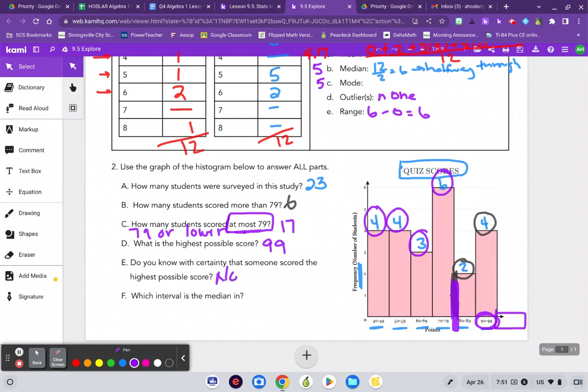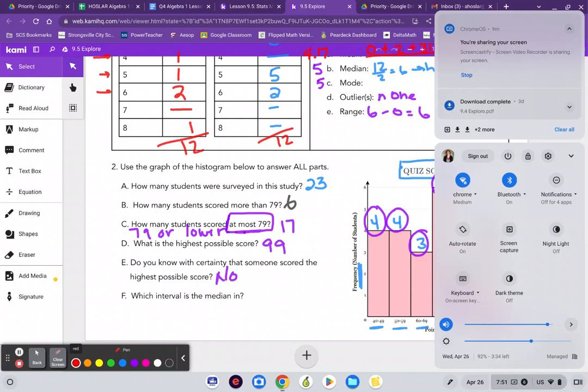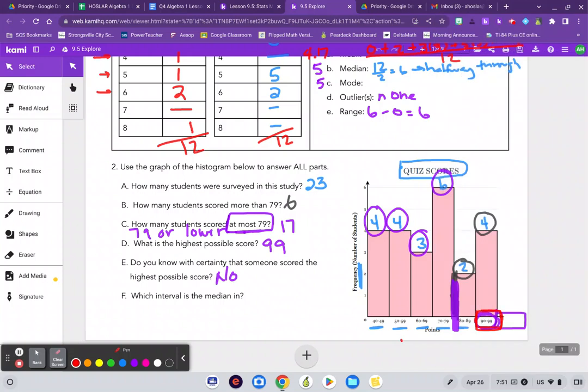No. I know that there are 4 students that scored between 90 and 99, but I don't actually know what their scores are. I'm going to say don't know actual scores. So a histogram is not helpful in that it does not tell me what the actual scores were. It just tells me how many pieces of data fall within that range.